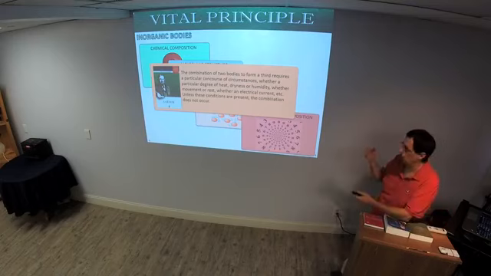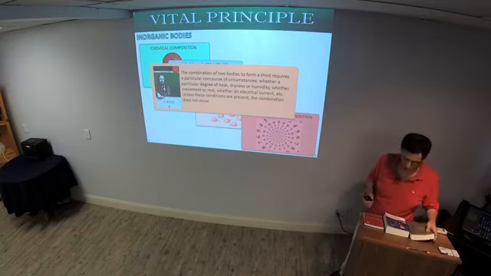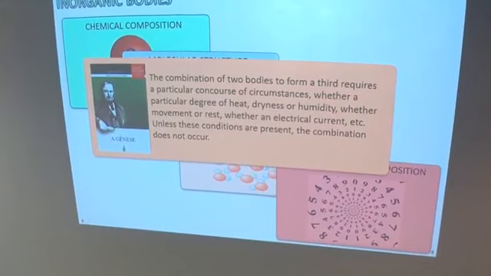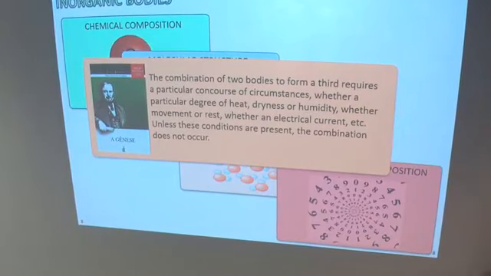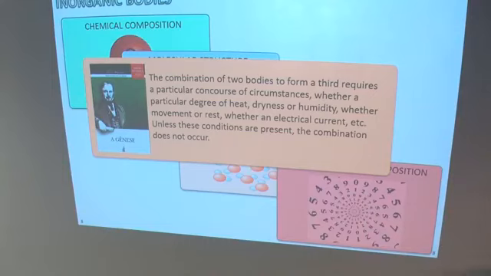In the book of Genesis here, Allan Kardec tells us an interesting thing, which is this. The combination of 2 bodies to form a third requires a particular concourse of circumstances, which are these laws here. It has to follow these laws. Okay? It could be a particular degree of heat to make the combination happen, dryness or humidity. So in certain combinations, you have to be in a dry environment.